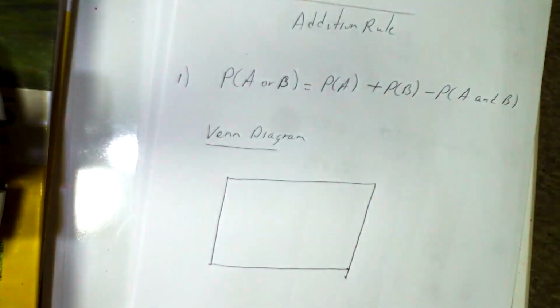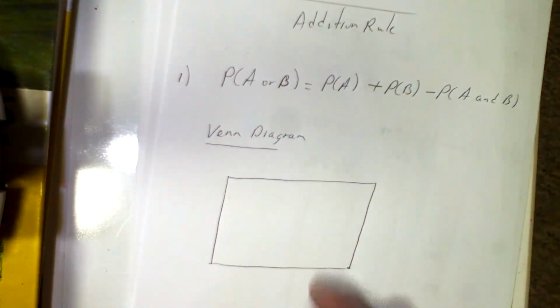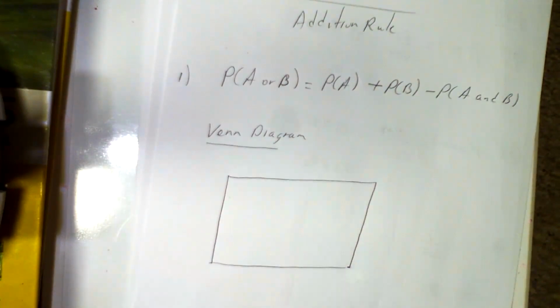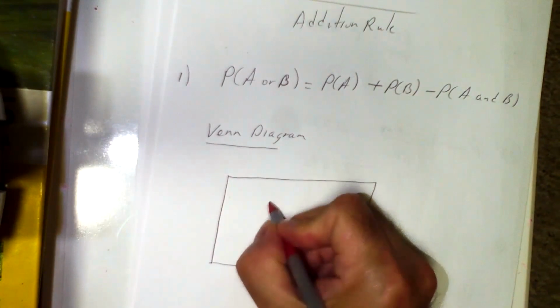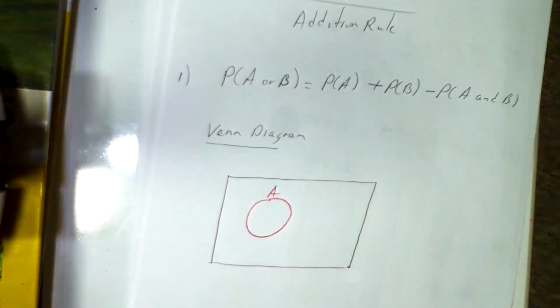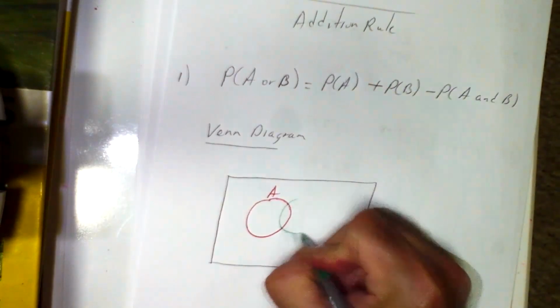Think of it like a plate, or a table. You're sitting at a table at your home, and you have plates that will represent A to be the red plate. And we'll let the green one be the B plate.